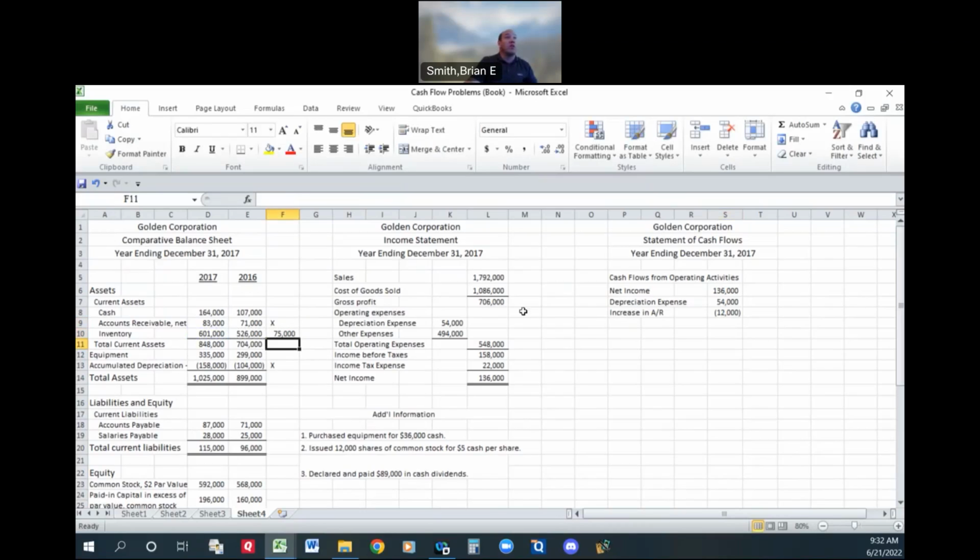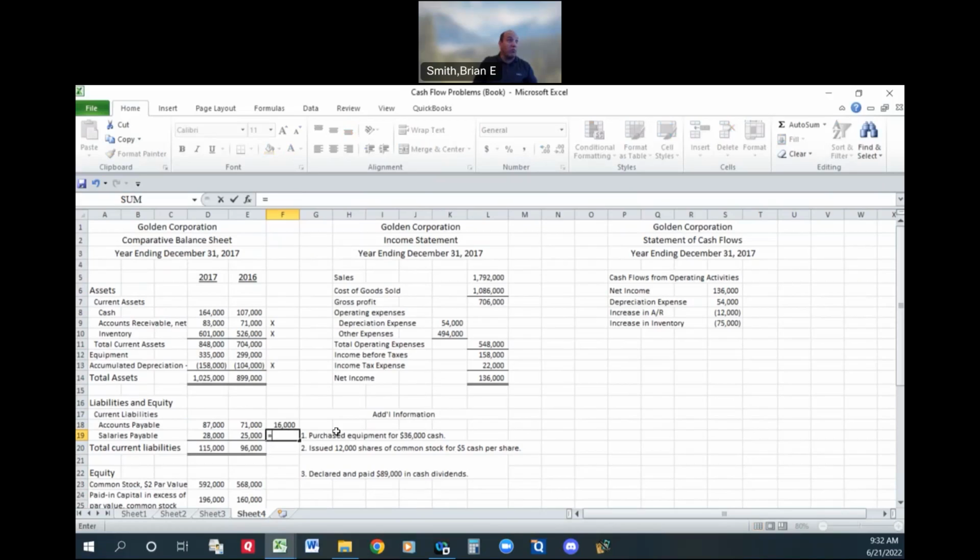And we saw an increase in inventory of 75,000. Oops, I forgot the negative sign. We are going to decrease net income by that. All right, that concludes our current assets that are not cash. Let's go down here to accounts payable, and accounts payable increased.